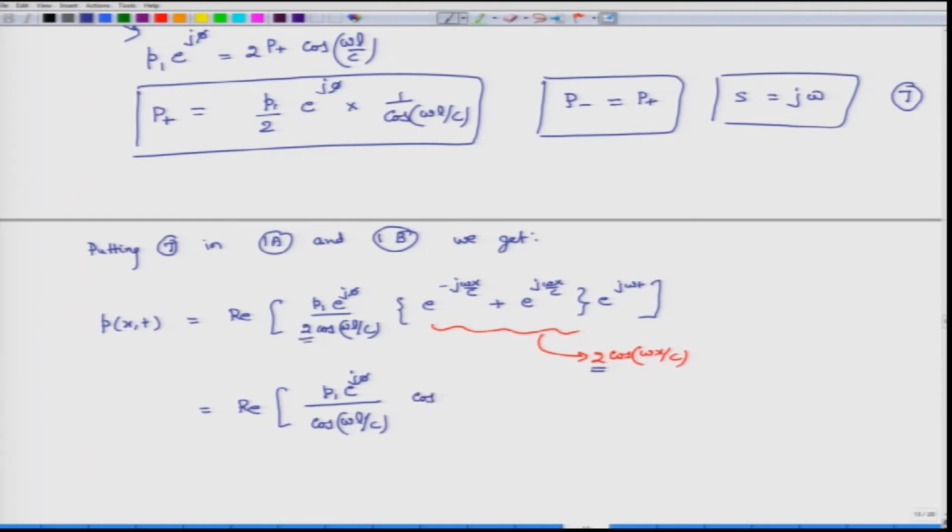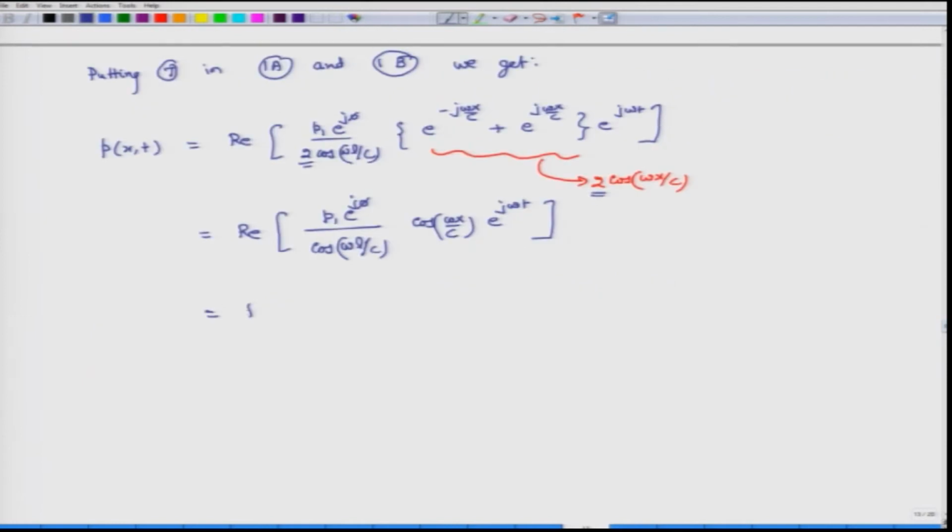So, I get cosine omega x over c e to the power of j omega t, and I manipulate this further and I get P1 by cosine omega L over c, cosine omega x over c, e to the power of j(omega t plus phi).